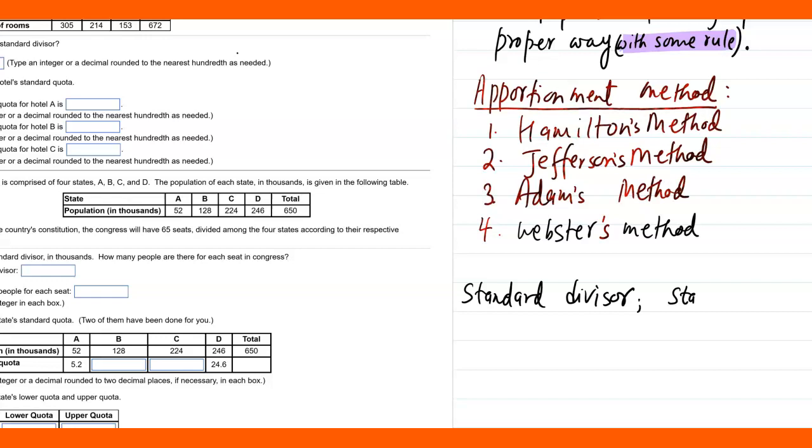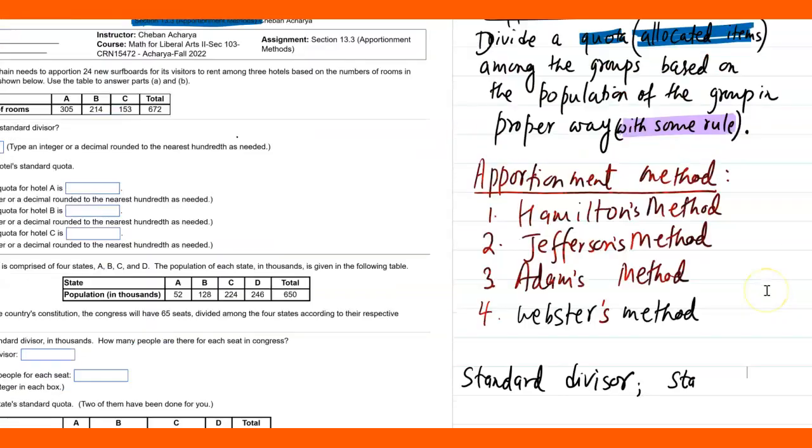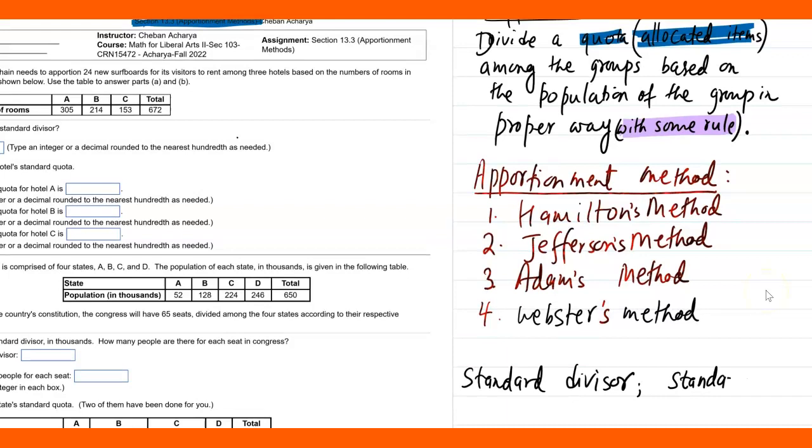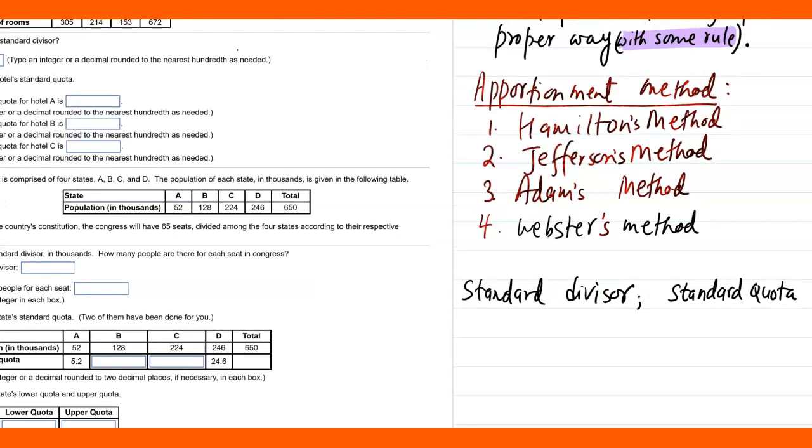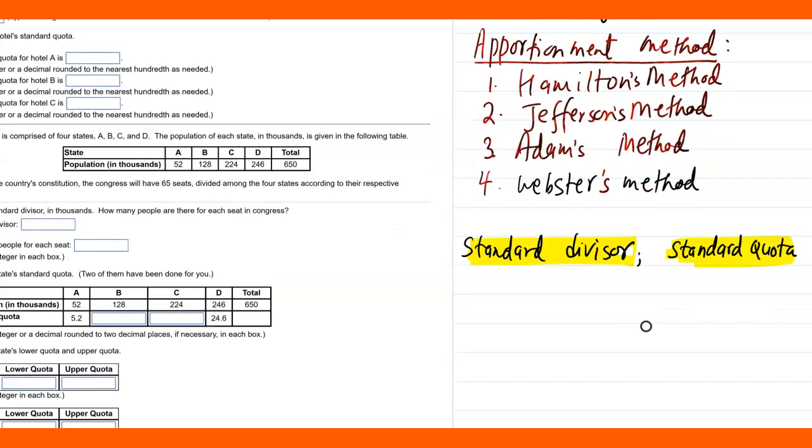There are 2 terms involved in the apportionment method. Basically, in the Hamilton method, we use standard divisor and standard quota. What is standard divisor? How do you find the standard divisor? There's a formula for it. Let me write the formula.